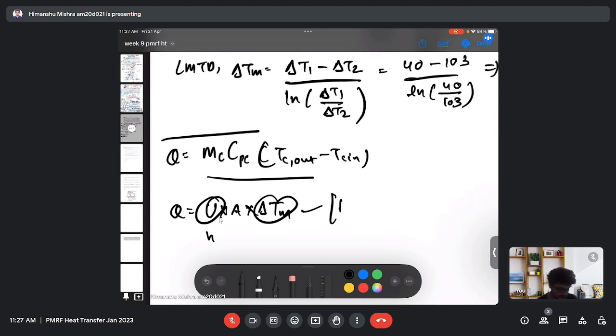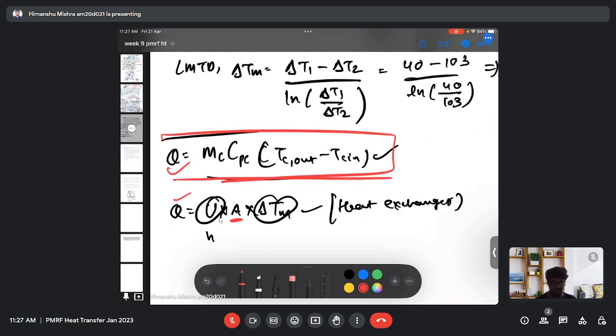This is specific only to the heat exchanger. Even in the internal convection problem, we use two kinds of heat transfer process: one was this energy balance and one was Newton's law of cooling. To calculate the area, which is unknown, we will balance this and this equation. So first calculate the heat transfer due to energy balance.